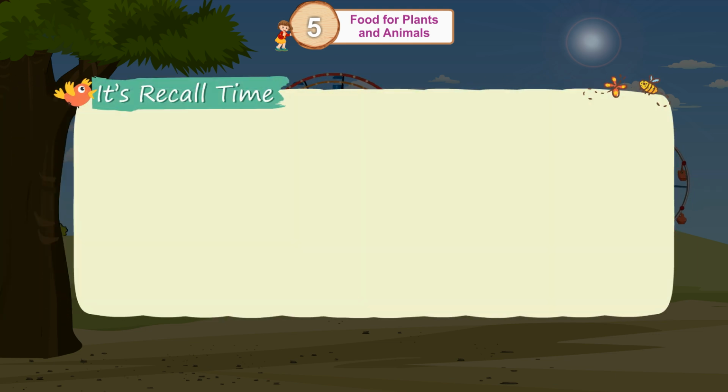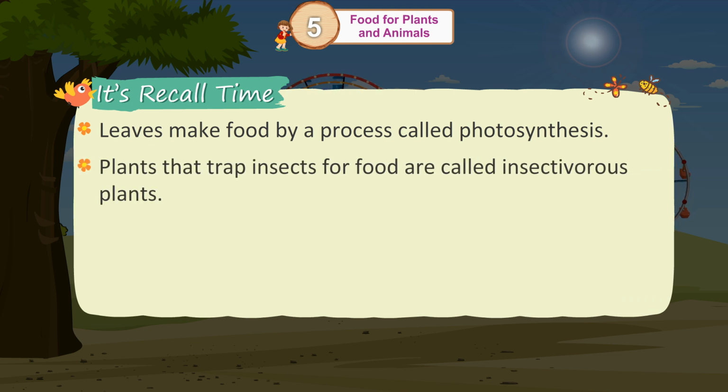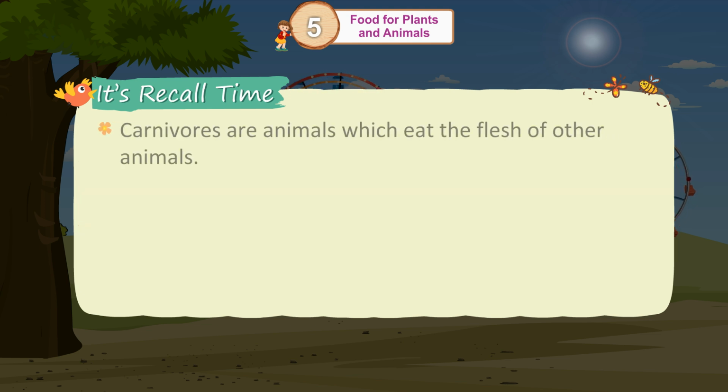It's recall time. Leaves make food by a process called photosynthesis. Plants that trap insects for food are called insectivorous plants. Animals can be classified into different groups on the basis of their food habits: herbivores, carnivores, omnivores, scavengers, and parasites.